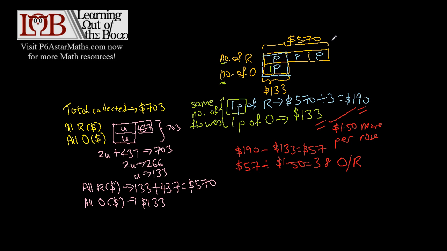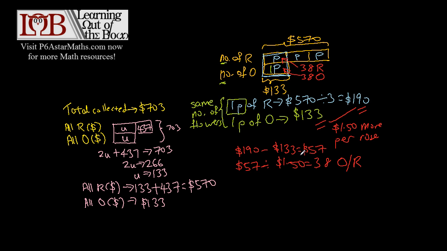So we know that this one part is 38, and this one part is 38. 38 orchids for the bottom and 38 roses for the top per part.